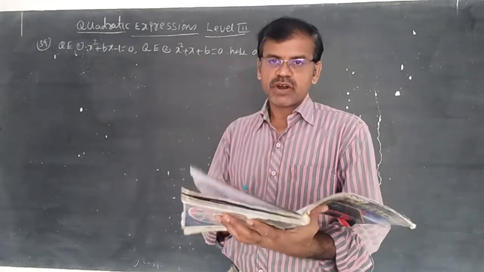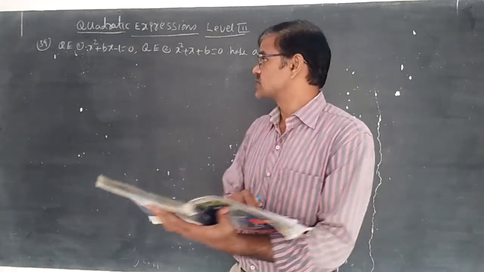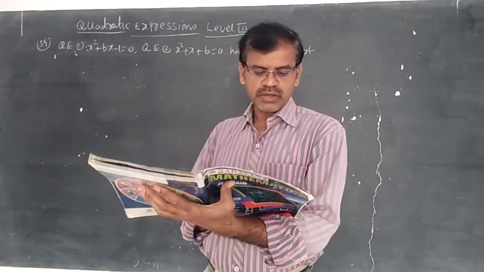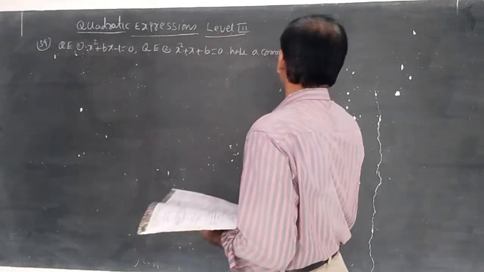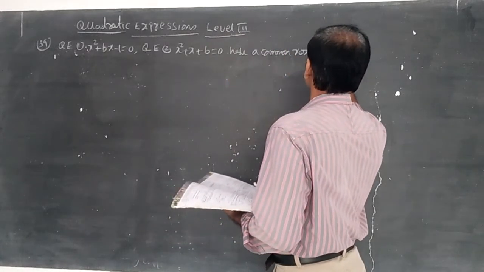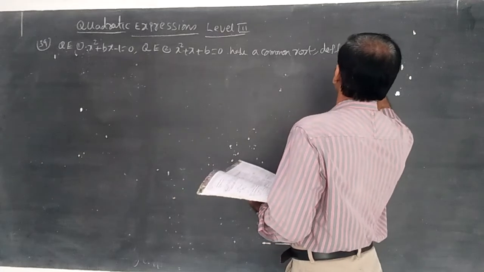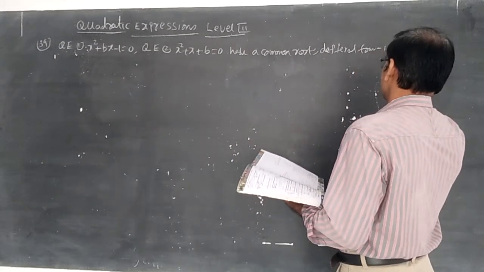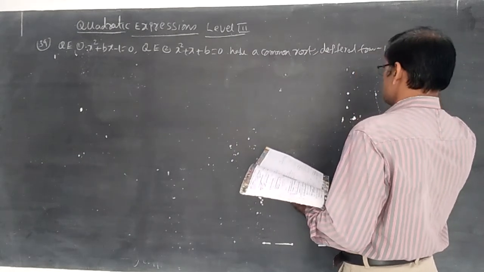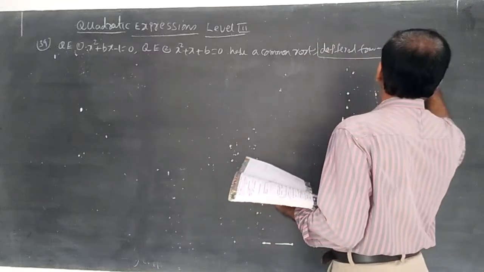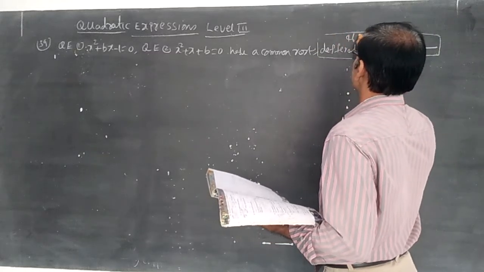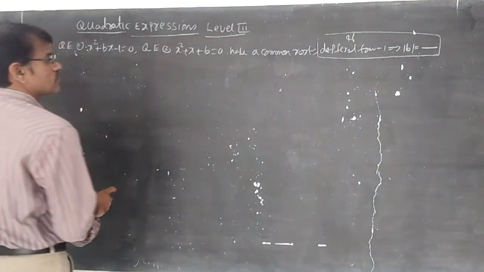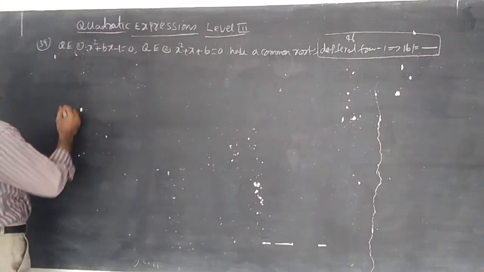And the 46th question: if the equations x square plus bx minus 1 equal to 0 and x square plus x plus b equal to 0 have a common root different from minus 1, then mod b is equal to what? This depends upon the 39th question, the same question. So we can cover 39 and 46 together.